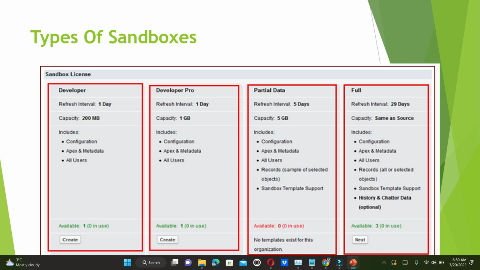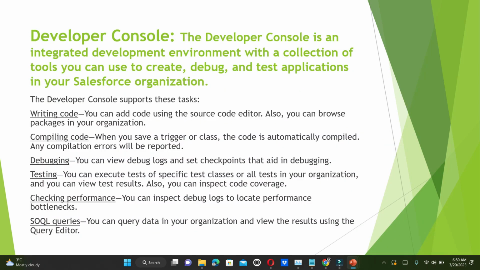After the release, they want to start work on the same customization that the production environment has. So instead of creating a new sandbox, we can just refresh the sandbox. After hitting the refresh button, we'll get the same customization and metadata that the production org has. Let's move on to the next slide.